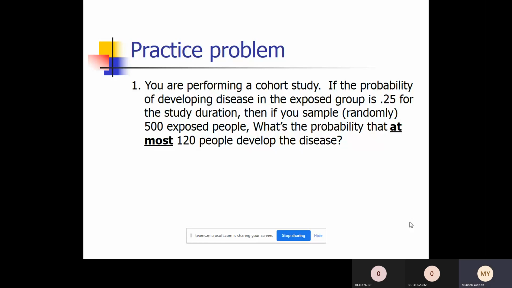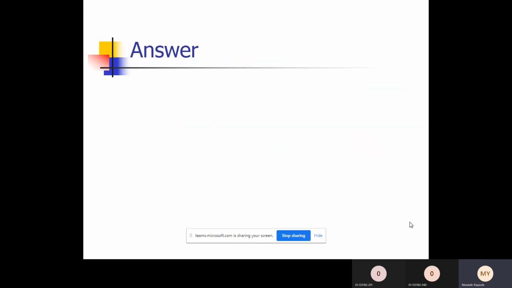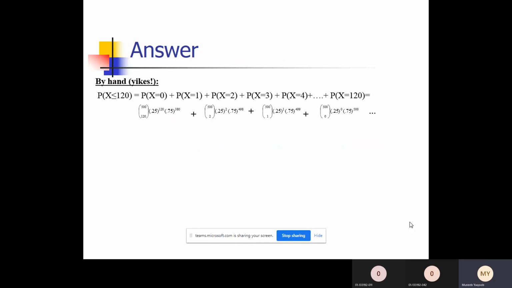This means that to solve this using the binomial distribution, you need to apply the formula 121 times, for X equals 0, X equals 1, X equals 2, and so on till X equals 120. That is a very tedious, time-consuming, lengthy procedure. So how can we avoid this lengthy calculation?